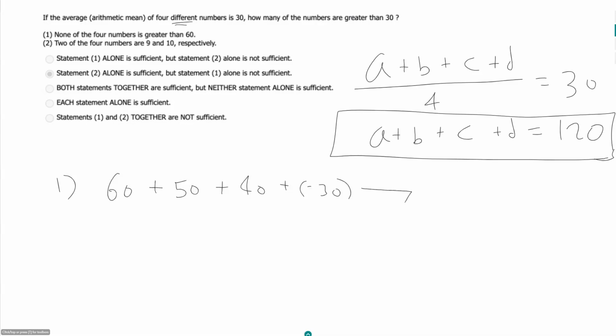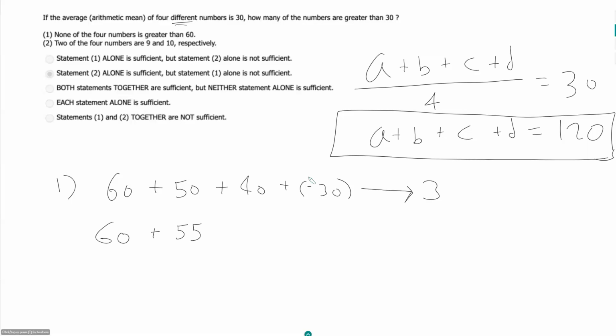So how many of my numbers here are greater than 30? 3. So can I come up with a set of numbers now with a different amount that are greater than 30? So can I come up with 2 numbers greater than 30? So let's say I have 60 plus 55.